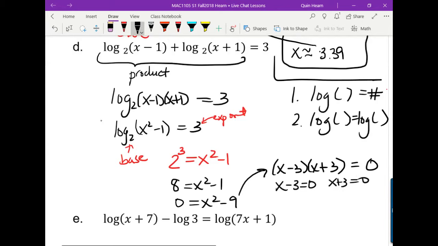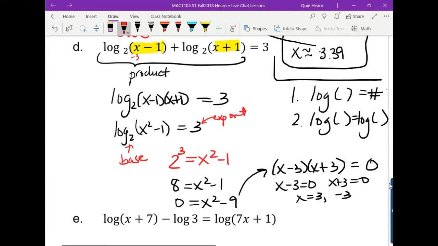So we're going to have 2, the base, to the third power equals x squared minus 1. So that means that we have 8 equals x squared minus 1.